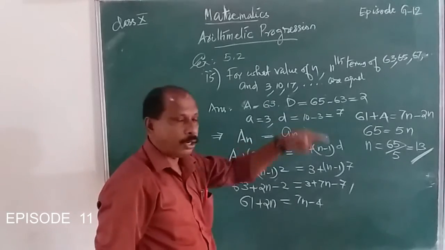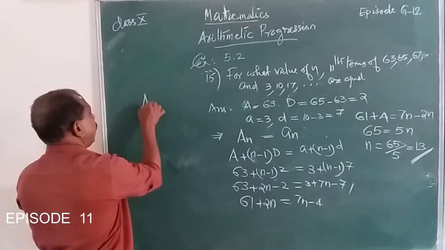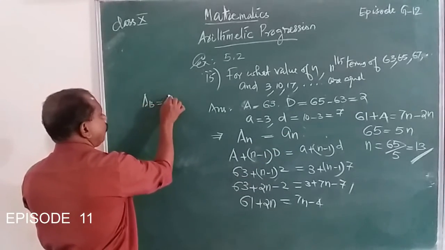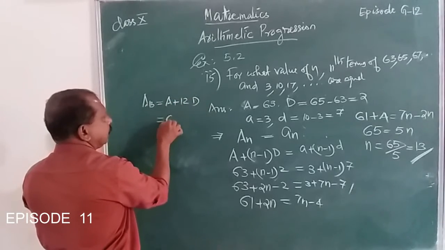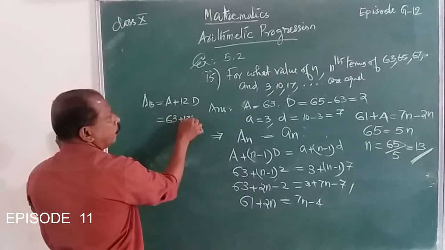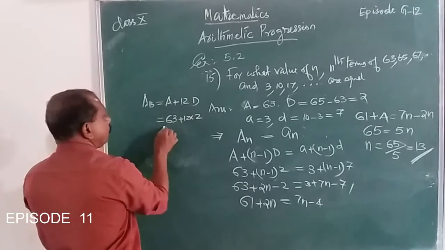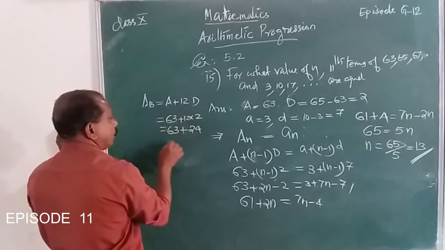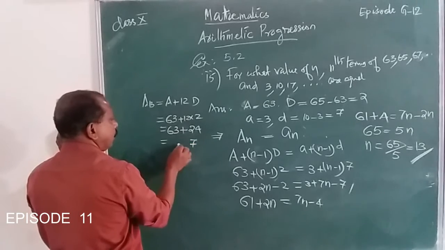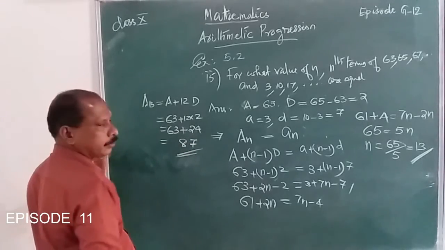To verify this, a13 is equal to A plus 12D. What is A? 63 plus 12 into 2, that is 63 plus 24, which is equal to 87 for the first one. Clear?